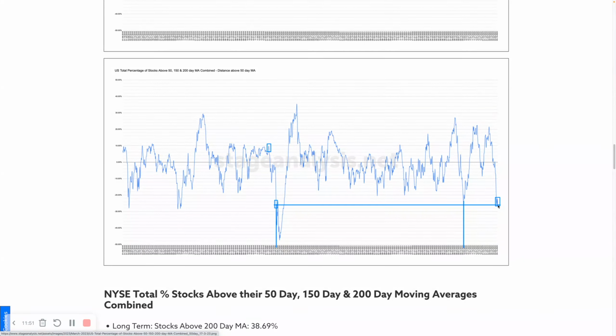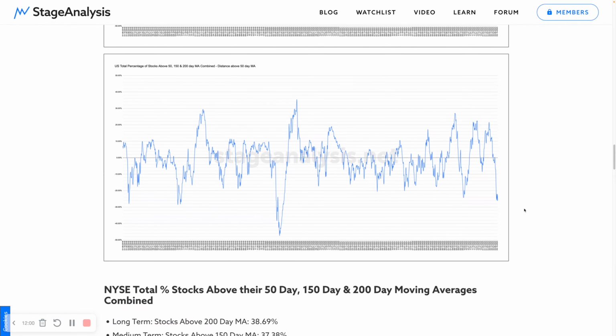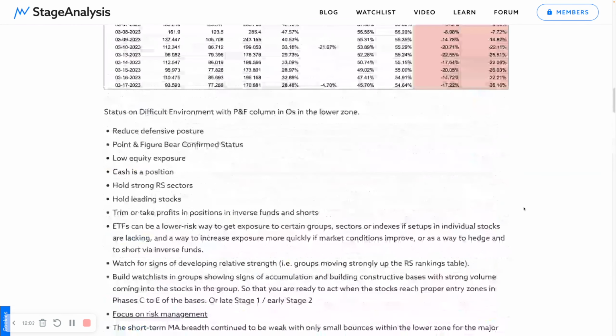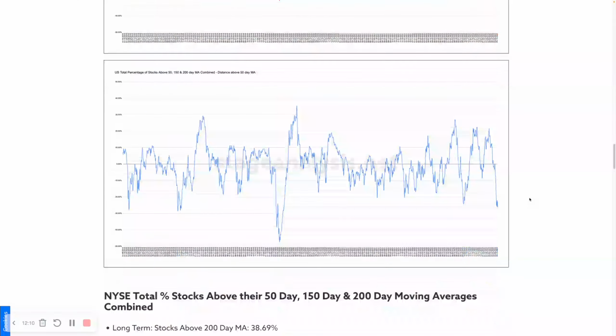However, this week's attempt to rebound, it attempted it twice, failed, and it ended up the week making a lower low. It dropped a further, what were we at, 26.16%, and we closed the prior week at 22.11. So it continued lower this week.